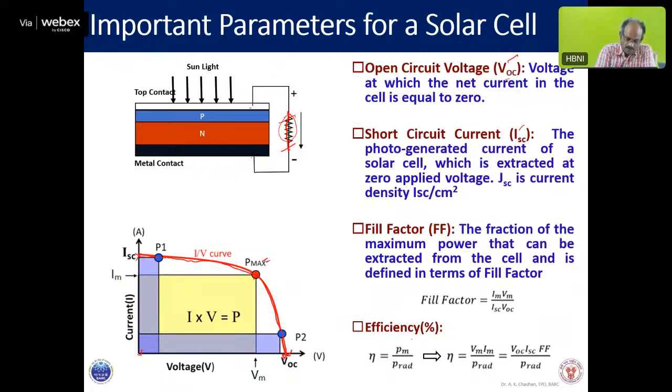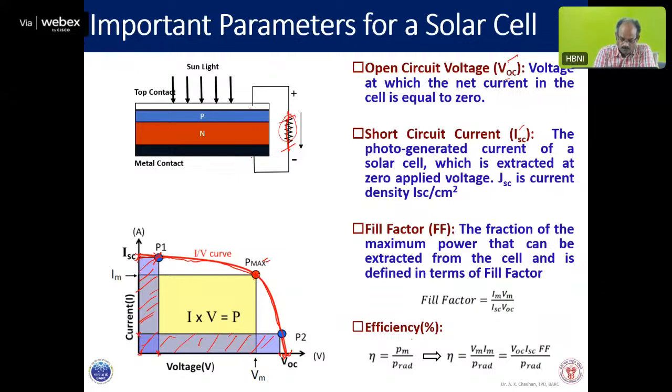So suppose you have a point, this point, P1 point. What will be the power here? Power will be this voltage multiplied by this current. Similarly, the power at this point will be this voltage multiplied by this current. Or you can say the area under this curve will give you the power.